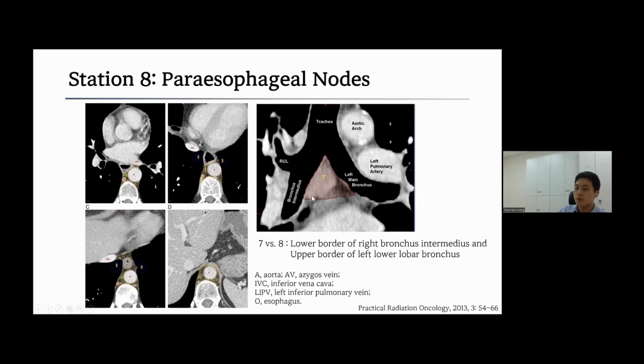This boundary between station 7 and 8 might matter because station 7 always belongs to N2 nodes, but station 8 can be N2 or N3 according to laterality. If ipsilateral, station 8 is N2, and if contralateral, station 8 is N3. And station 8 continues inferiorly to the diaphragm, which is the lower end of the thorax.